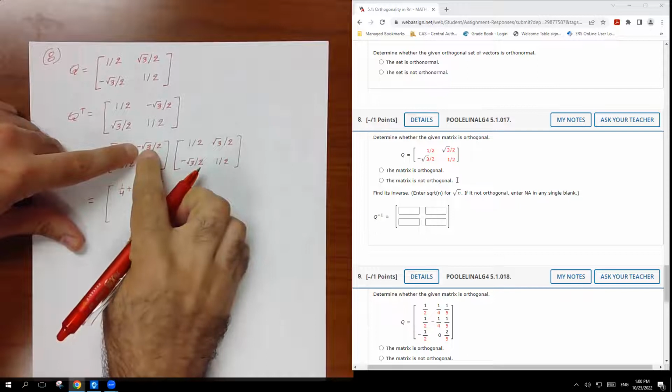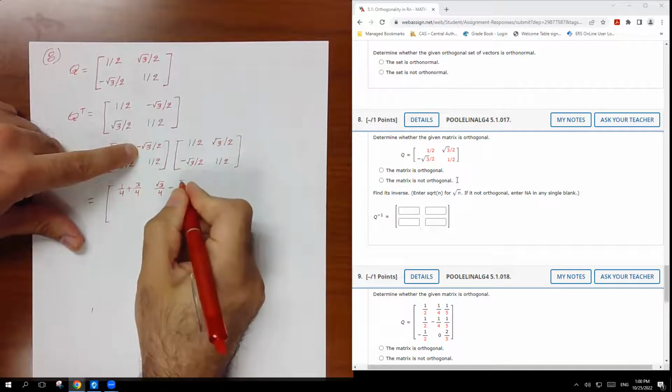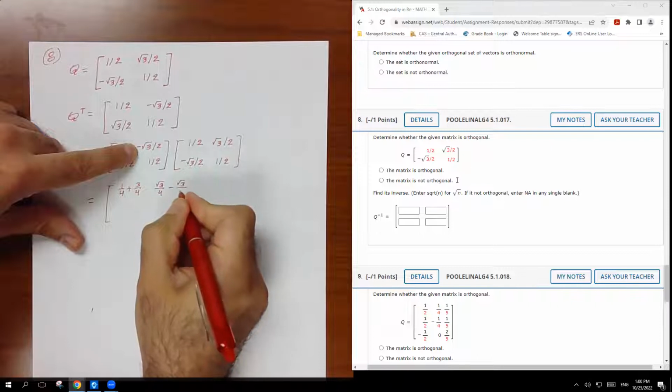And this element times the second one is going to be negative square root of 3 divided by 4.